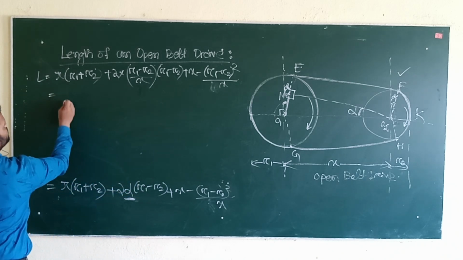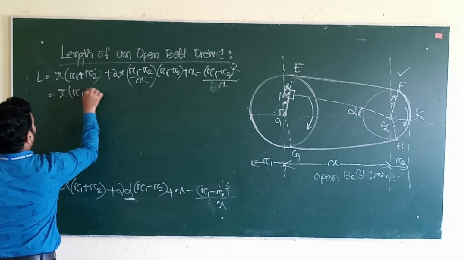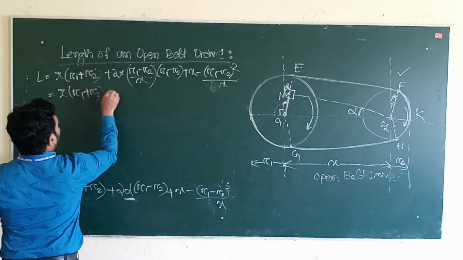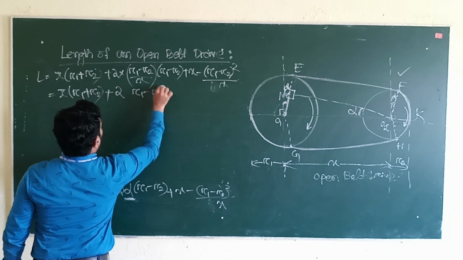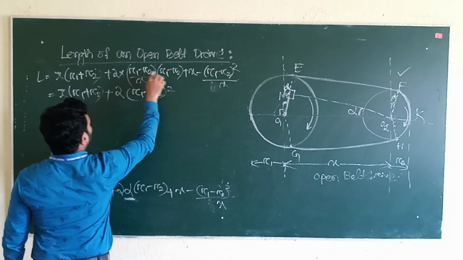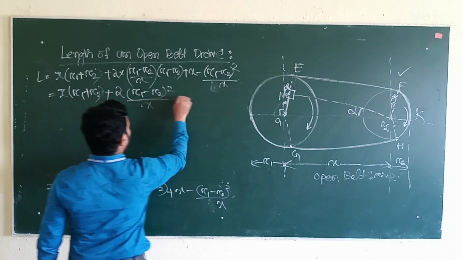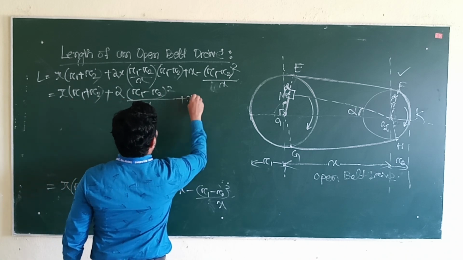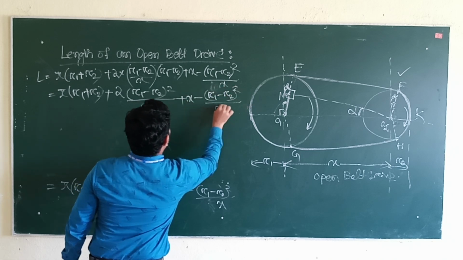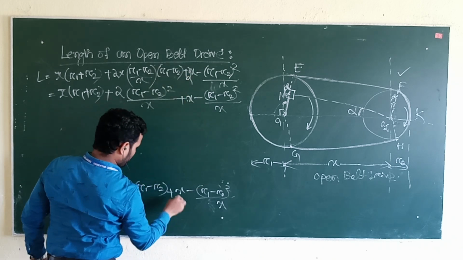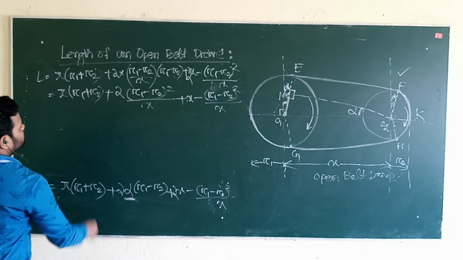So now here you will see pi R1 plus R2 plus 2 into R1 minus R2 square divided by x plus x minus R1 minus R2 square divided by x. So this becomes 2x now. When we multiply 2, it becomes 2x.